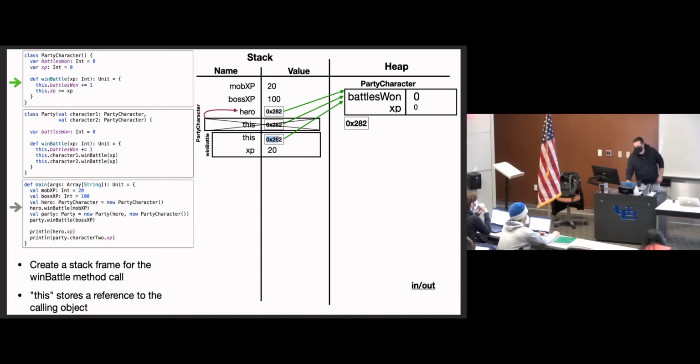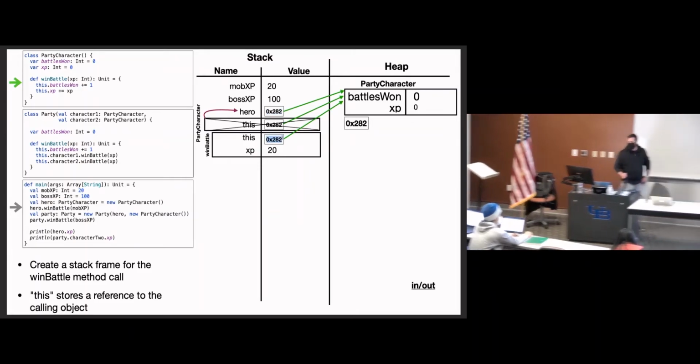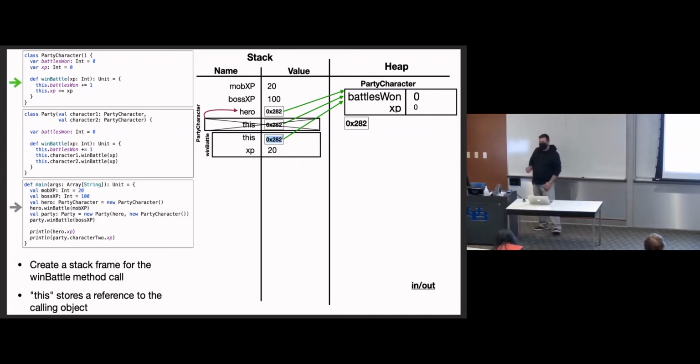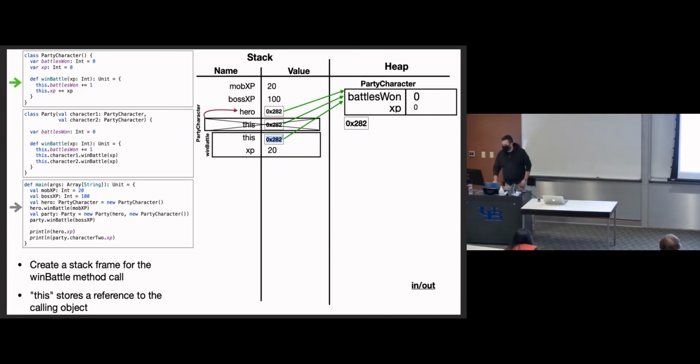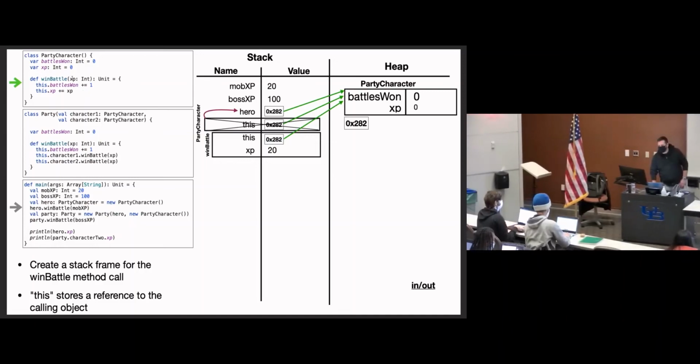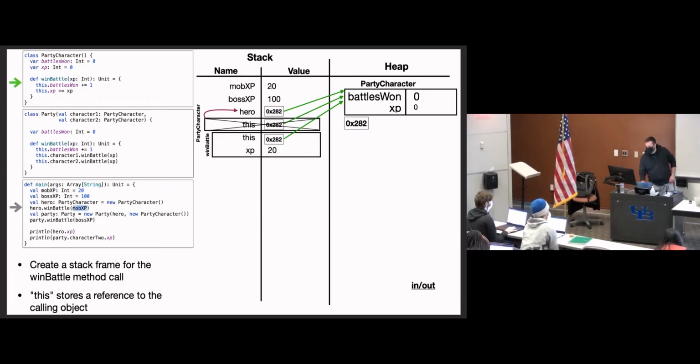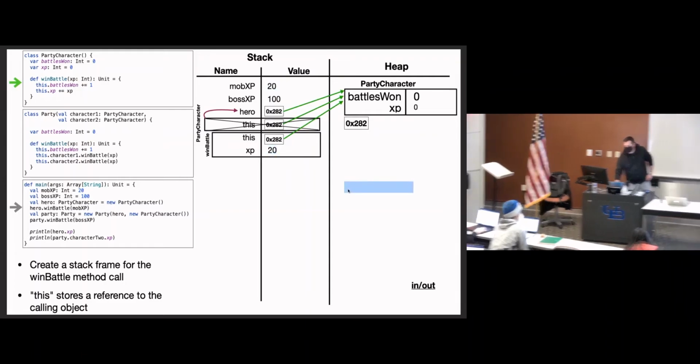So in this stack frame, this is 282, the calling object. We also have xp, the parameter, just like our method calls from LO1. xp of mob xp is 20, so xp is 20 in this stack frame.